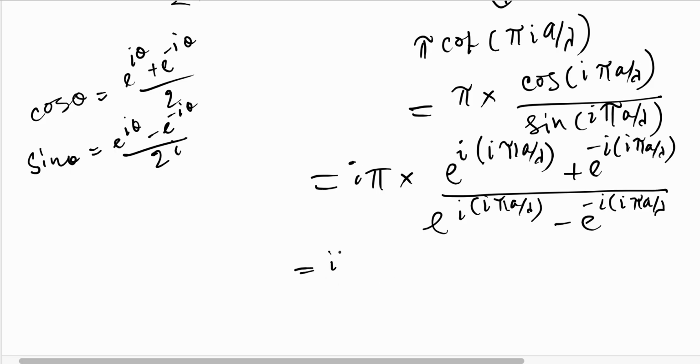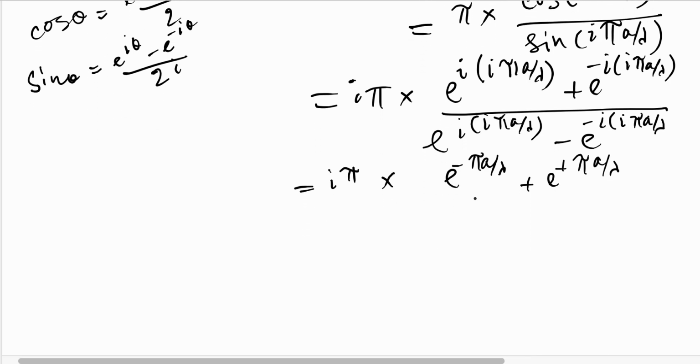So now it will become e to the power minus pi a by lambda plus e to the power plus pi a by lambda.